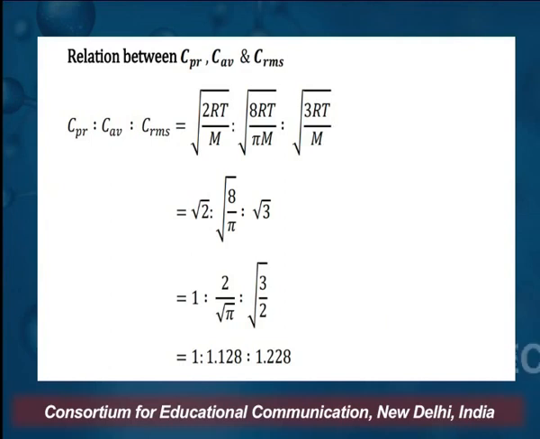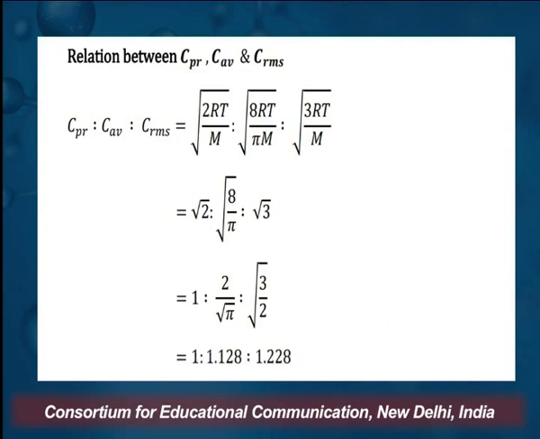Now let us find out the relation between most probable velocity, average velocity and the RMS velocity, how they are related to each other, which is the maximum. So here we have calculated the ratio between C_p, C average, C RMS.